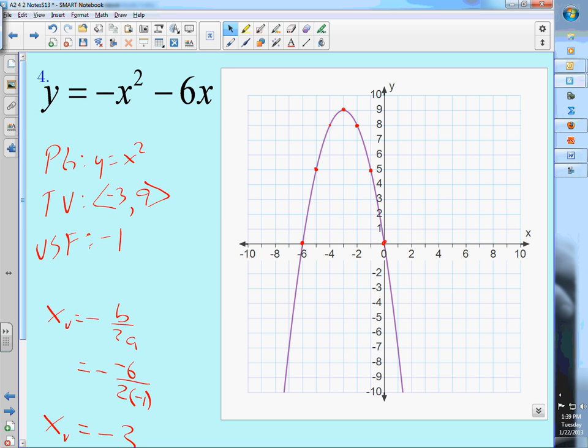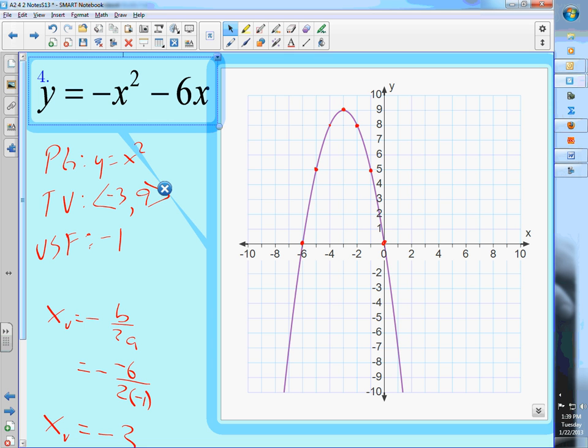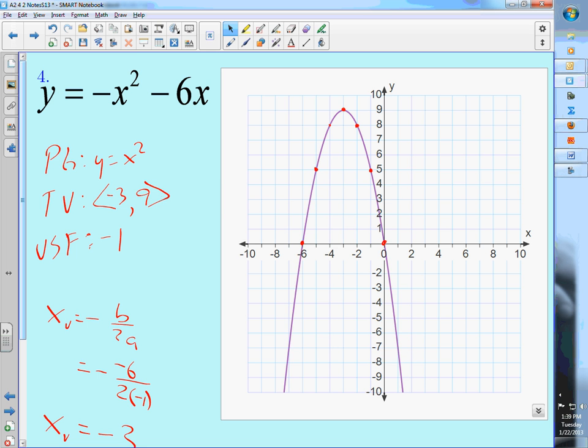From this equation, okay, how else could I find the x-intercepts? What do you know about all x-intercepts? What's true about all x-intercepts?